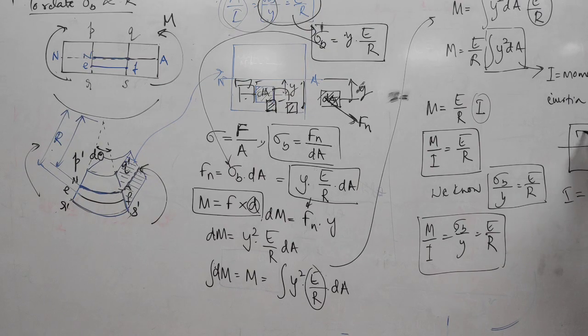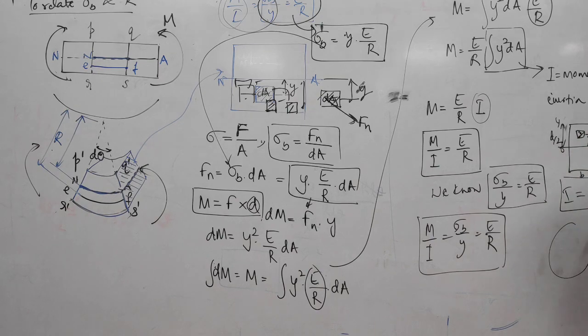If you try to integrate all these areas with respect to y, from plus d by 2 to minus d by 2, and keeping this breadth the same, you get this formula. You finally get this answer as I is equal to b d cubed by 12 for rectangular section.